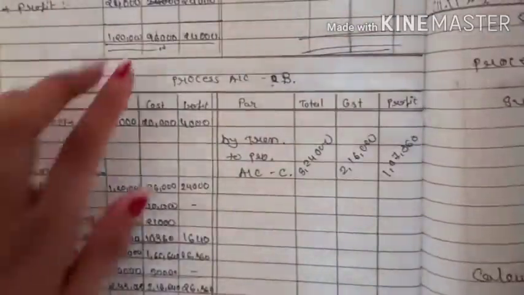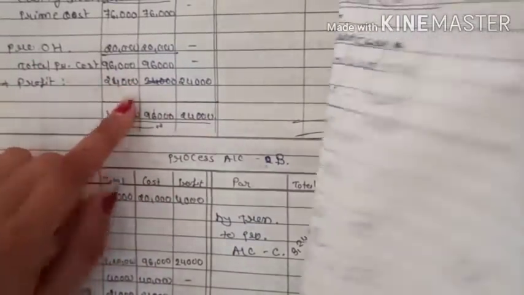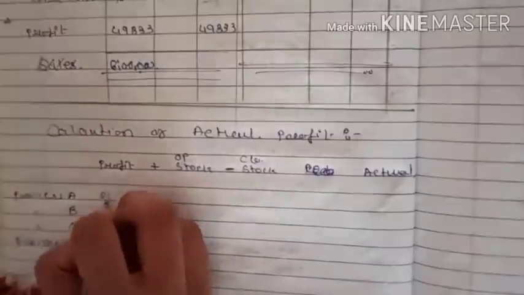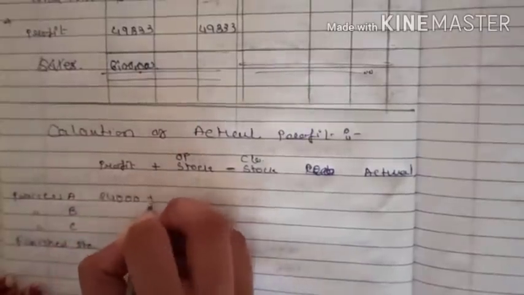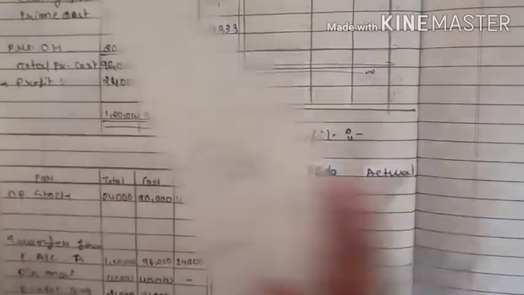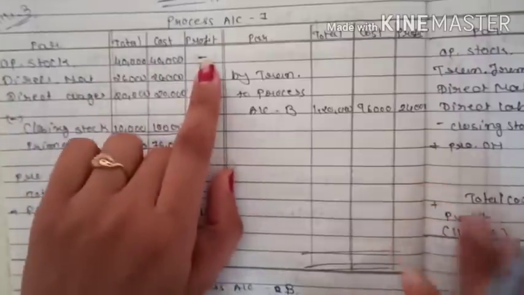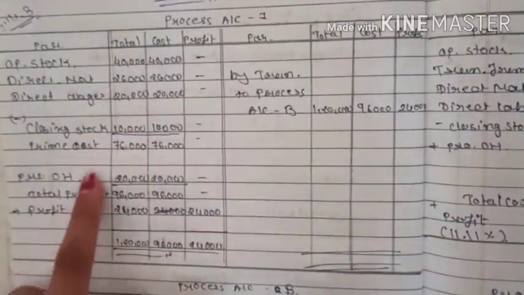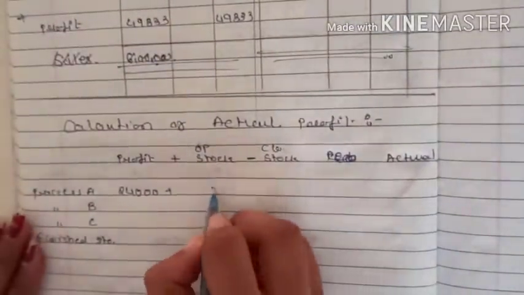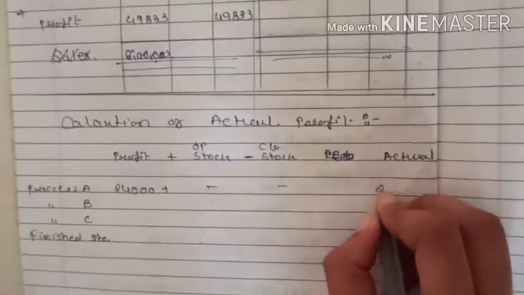As we found in the process A account, profit is 24,000. Opening stock profit is nil and closing stock is nil. Actual profit will be 24,000.